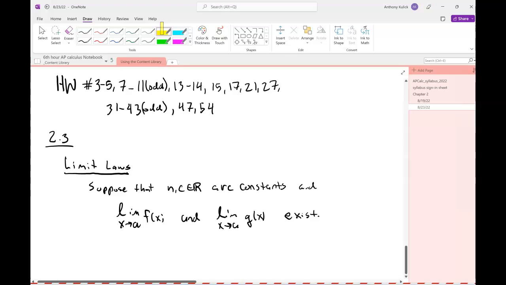I want to point out that these limits existing is crucial to these limit laws I'm about to write down being okay to do. The number one place where students are going to make a mistake is applying limit laws to functions whose limits don't exist and then getting all kinds of funky answers as a result.